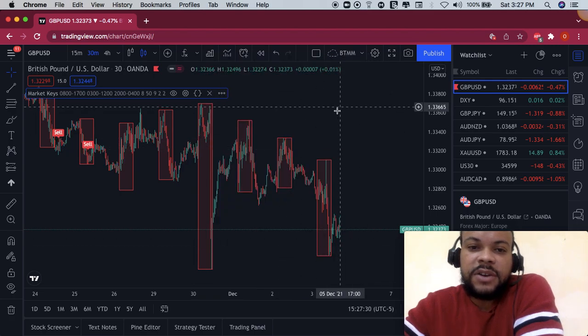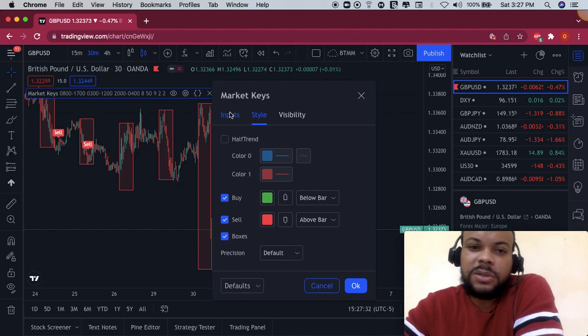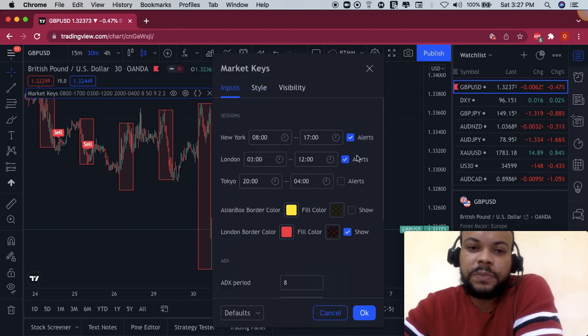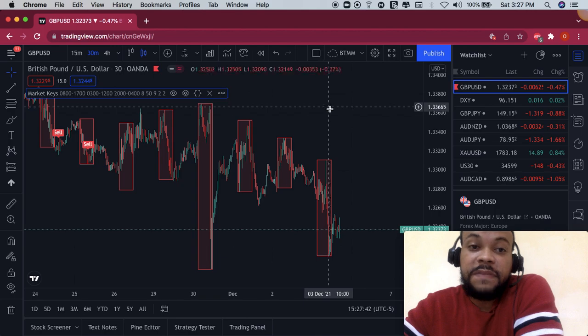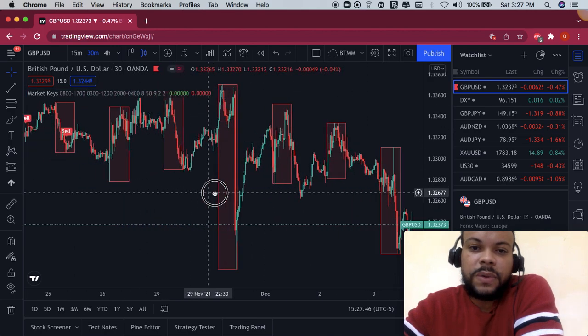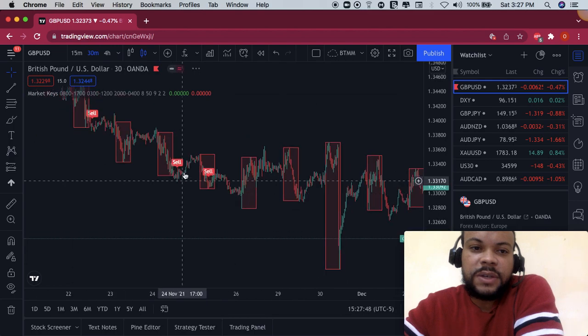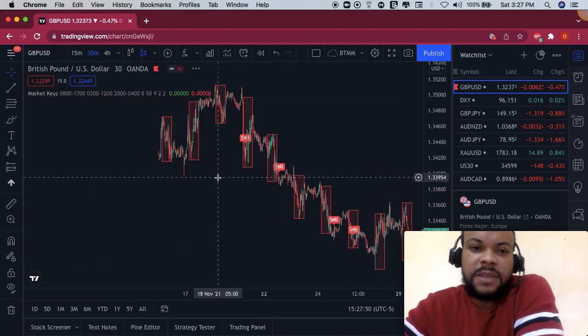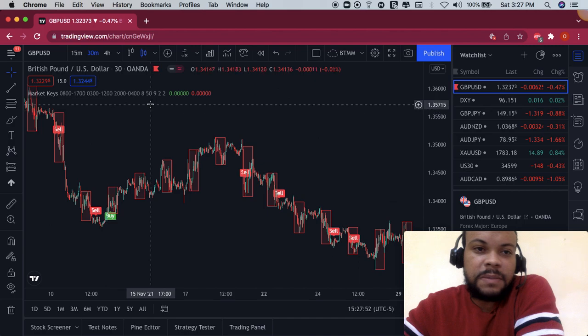So yeah, I created this indicator just to show me when things are happening inside the market and give me an alert of when I should be trading. So as you can see, it gave me some sell signals, some buy signals.